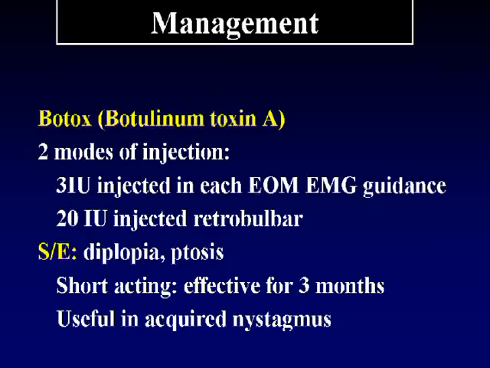It does not last so long. So it is of definite importance in patients who have a temporary nystagmus, say due to a space-occupying lesion or some other associated systemic problem which has given rise to a nystagmus. They may definitely benefit from this short-term advantage of botulinum toxin that may help you to stabilize the eye. But again, for cases of infantile nystagmus syndrome, it may not be such a useful option.